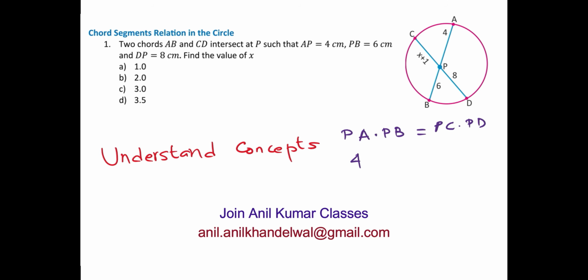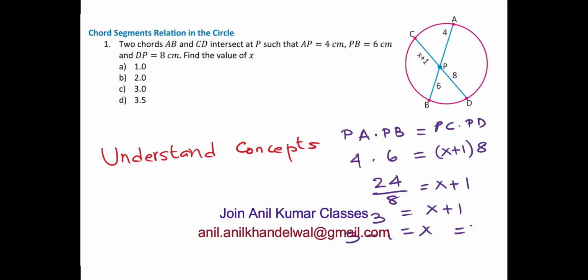So that means 4 times 6 is equal to X plus 1 times 8. 4 times 6 over 8, we can divide or we can just multiply these, right? So we have 24 divided by 8 is equal to X plus 1. Now 24 divided by 8 is 3. So 3 is equal to X plus 1. And definitely 3 minus 1 is X, which gives us the result as 2. And so option B is the correct option.